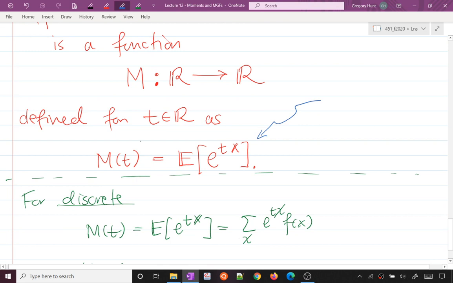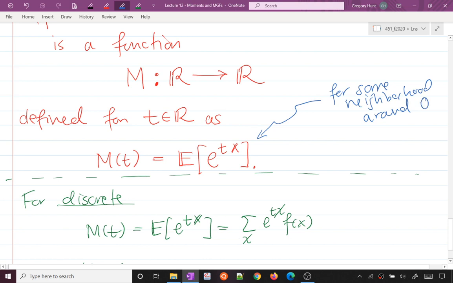And so more technically, this moment generating function is going to be defined for some interval, we should really be more specific, some neighborhood around 0. So there'll be some values.